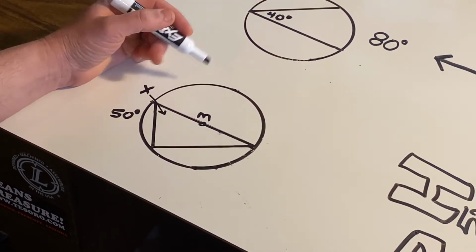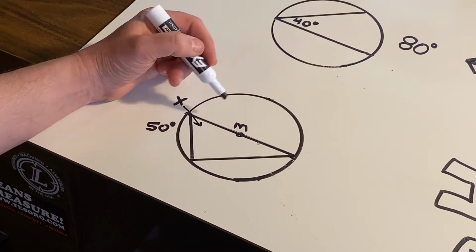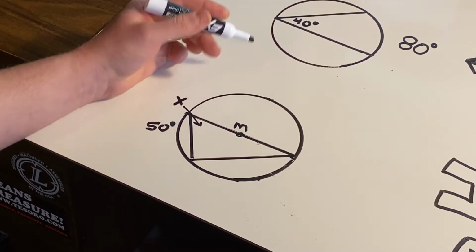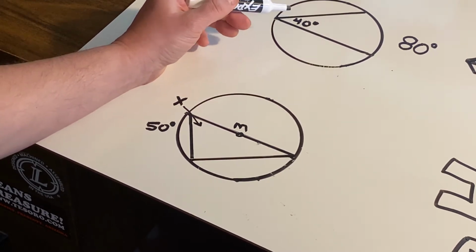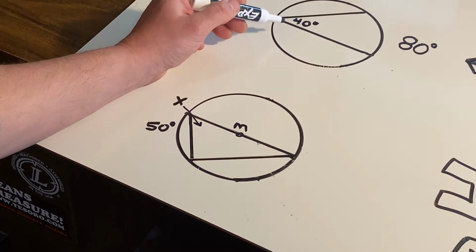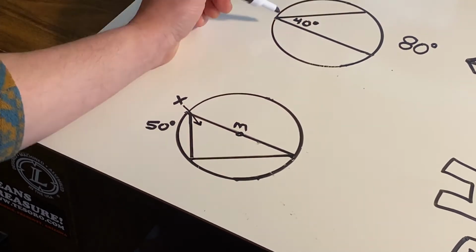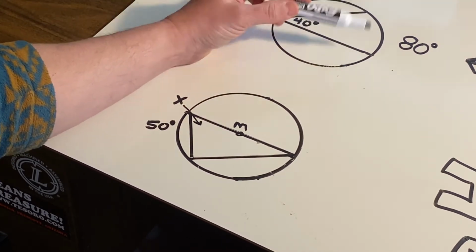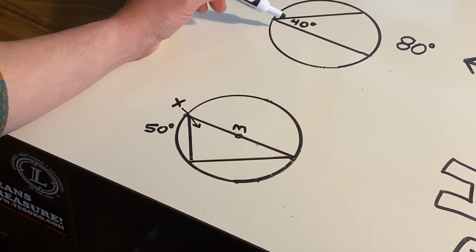Something that we need to consider when looking at your exercises is that what we're trying to find here is a little bit different than what we're trying to find here. On an inscribed angle, you know that if the arc is 80 degrees, the measure is going to be half of that, so we have 40.